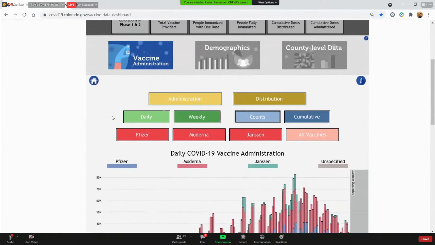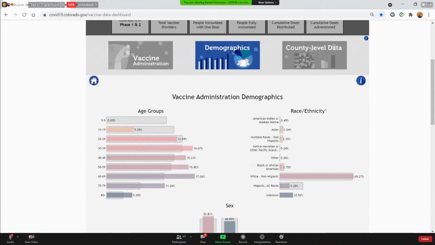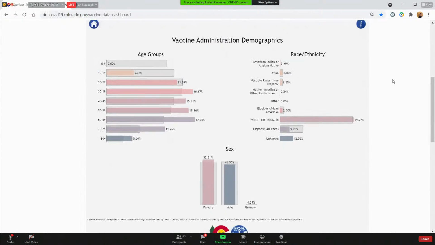Next, I'm going to switch over to the demographics section of the dashboard. These three graphs show, on a state level, the distribution of people who have received at least one dose across various demographic categories: age, race and ethnicity, and sex. For example, of the people who have received at least one dose, about 5% are in the 10 to 19-year-old age category.